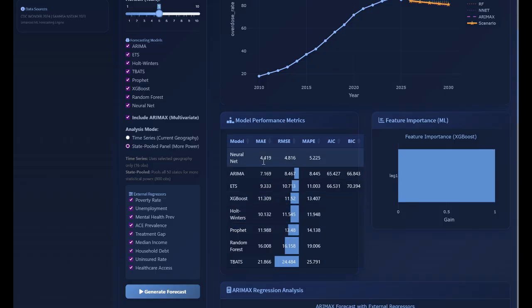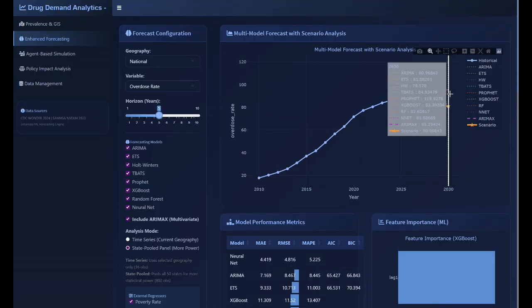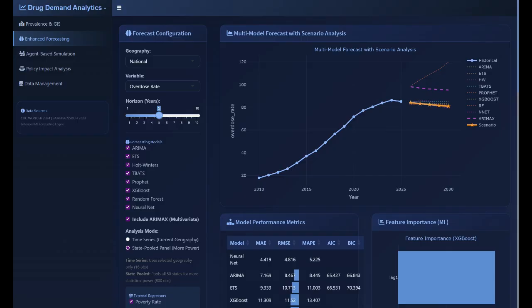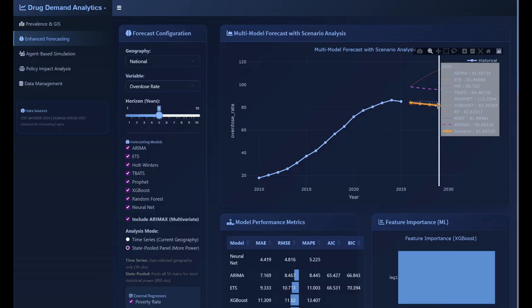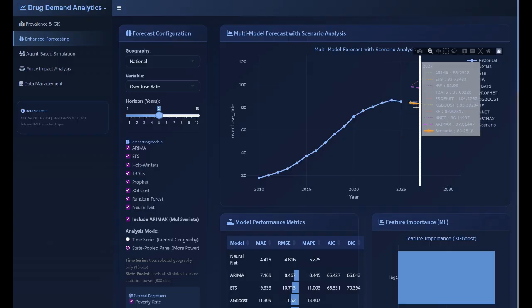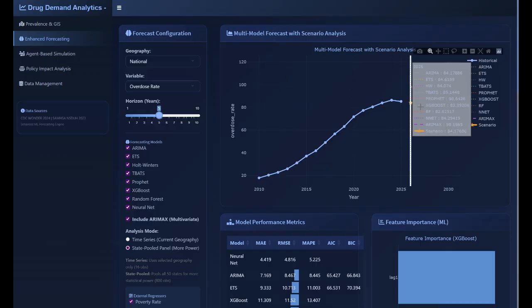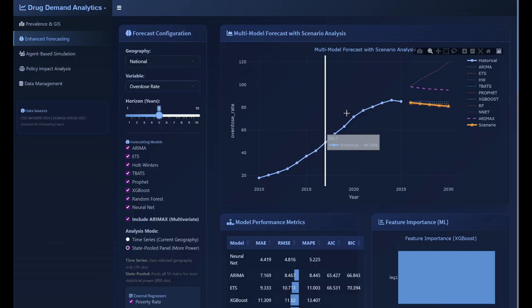And then you can see it's neural net, and it shows the different types of models. But we want to look at the neural net model, right, which is this one right here? So you have a slightly decreasing but flat forecast of overdose rate, which is hovering right below 80 nationally.